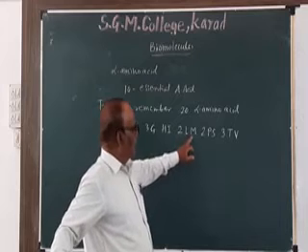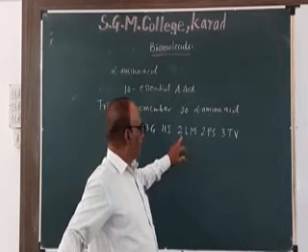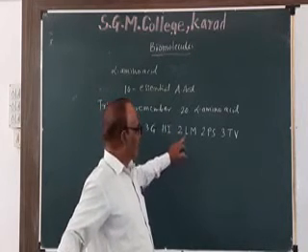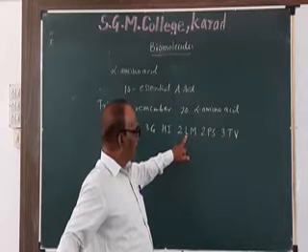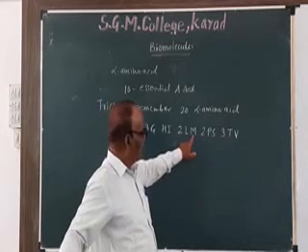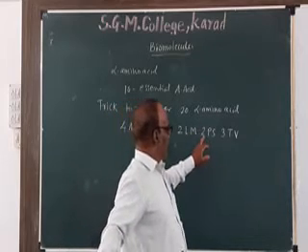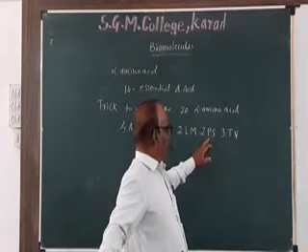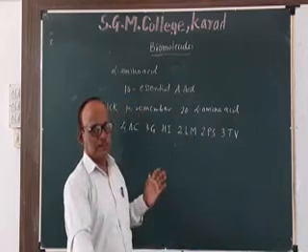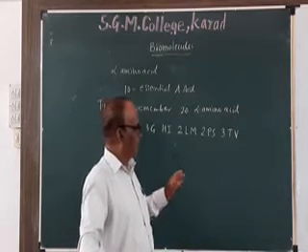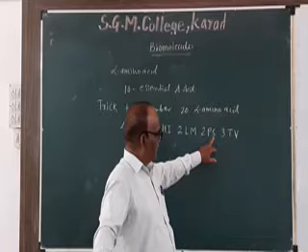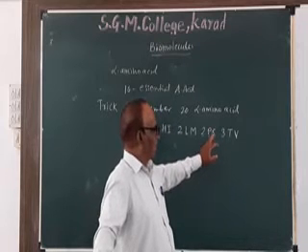Then 2L means there are 2 alpha amino acids starting with letter L, and one starting with letter M. Similarly 2P means 2 alpha amino acids starting with letter P, and one starting with letter S, that is serine.